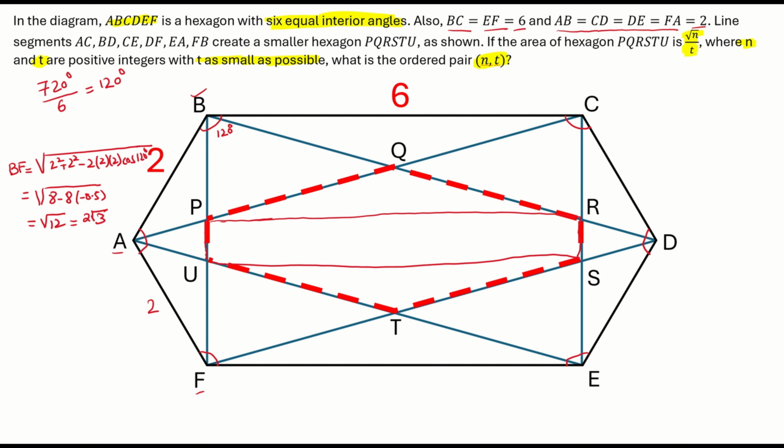Okay, but we are interested in length PQ. So to do that, let me draw a point in the middle of it and define this point as Y. So my length from B to Y will be equal to root 3 here.